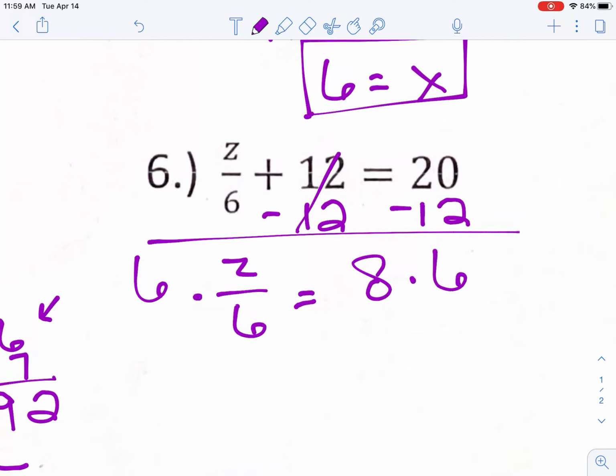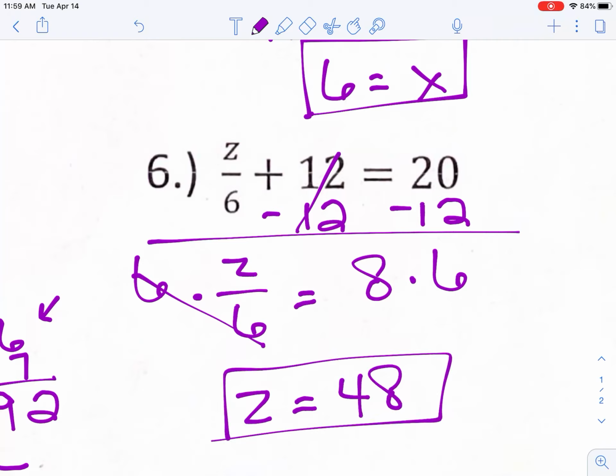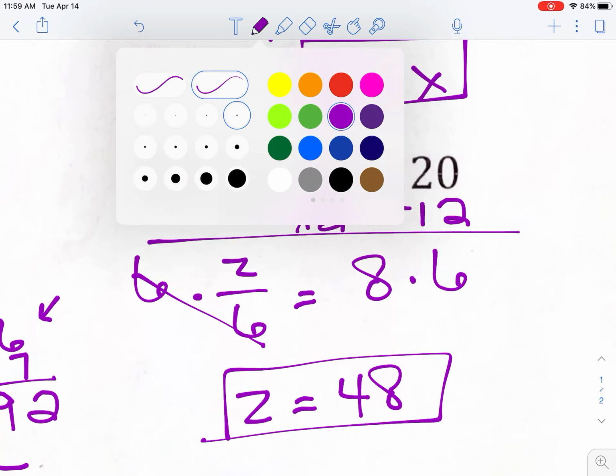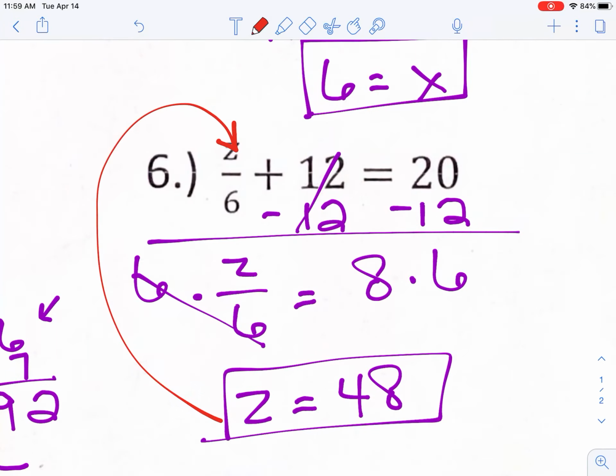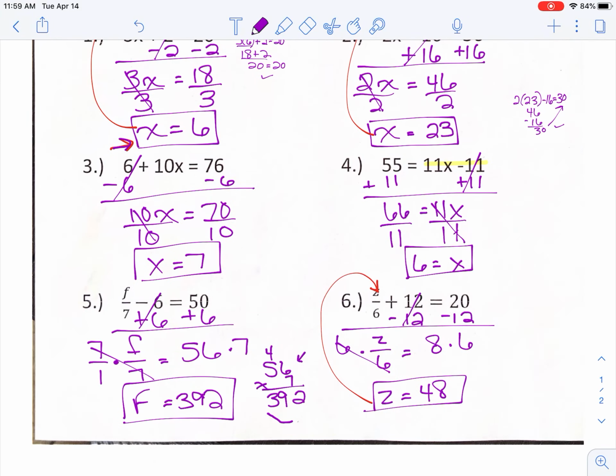And this is z divided by 6, so instead of dividing by 6, I'm going to multiply by 6, always using the inverse. So z is 8 times 6, which is 48. And again, if you throw 48 back in for z, 48 divided by 6 is 8, and 8 plus 12 is 20. It makes sense.